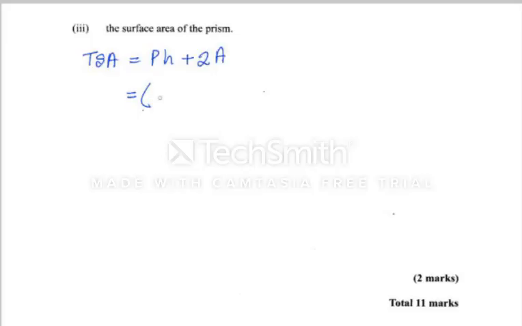So the perimeter would be 10 plus 8 plus 6 as the perimeter of the uniform cross section. The height or length of the prism is 22.5, plus 2 times A. A in the formula is the area of the uniform cross section, which is 24.